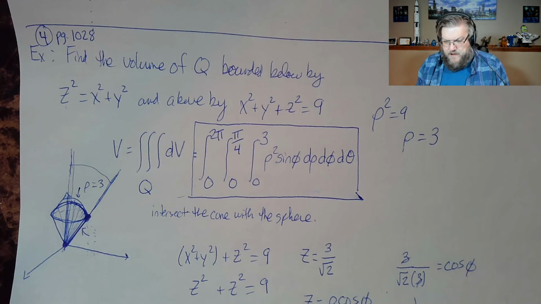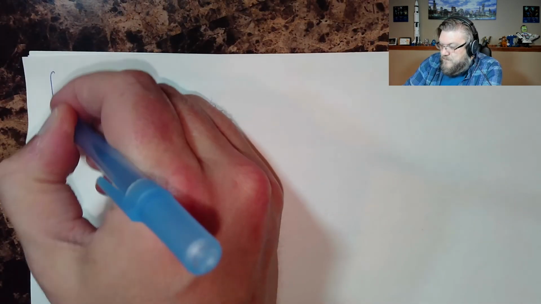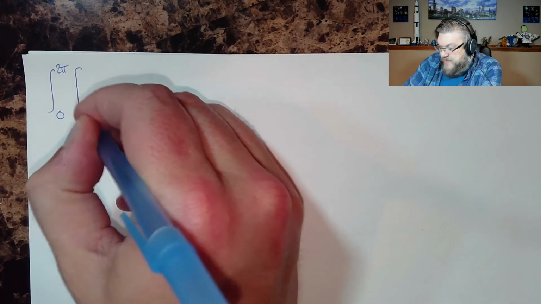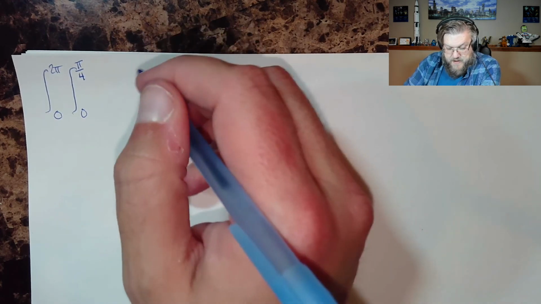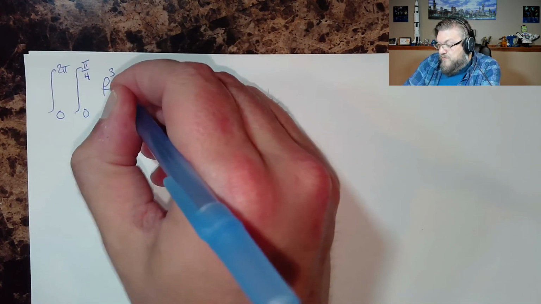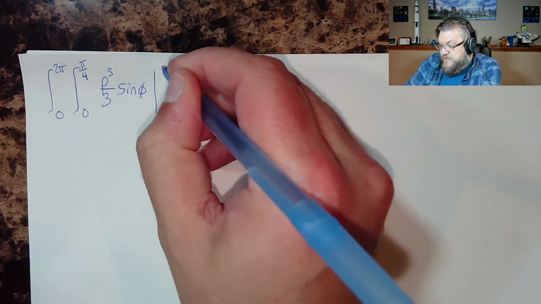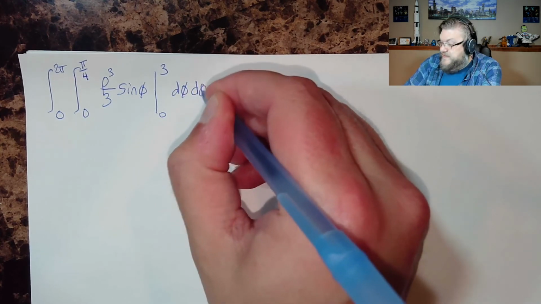Okay. All right, let's go ahead and now calculate this triple integral. So we get the integral from 0 to 2 pi of the integral from 0 to pi over 4. And I'm integrating with respect to rho. So it's going to be rho cubed over 3 sine of phi, evaluated from 0 to 3, d phi, d theta.